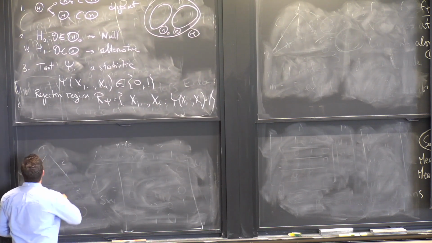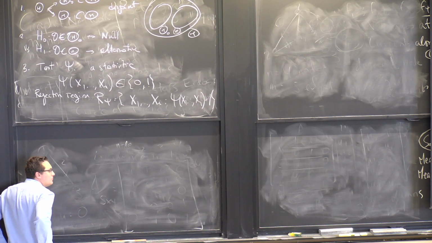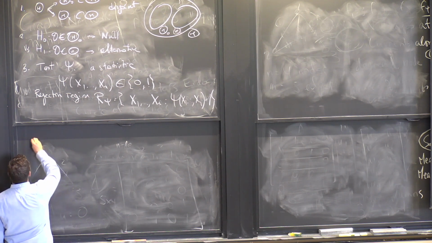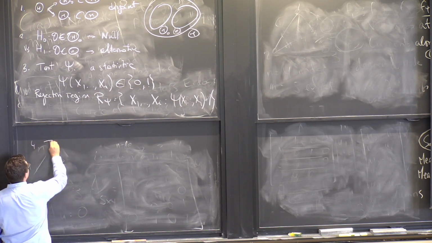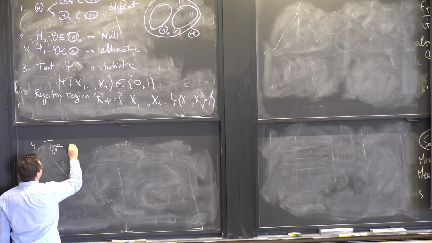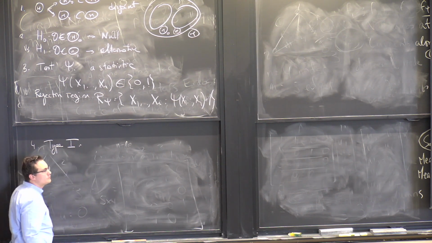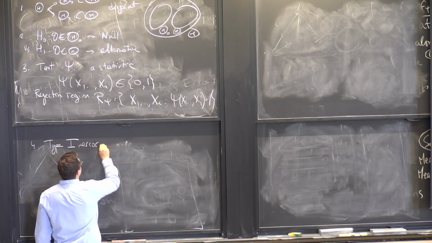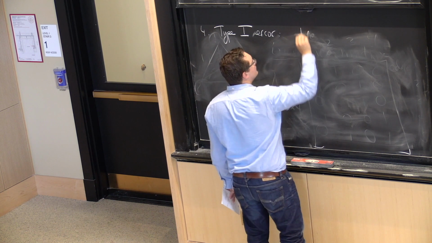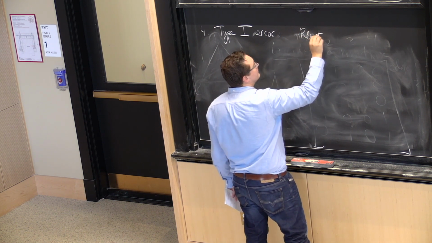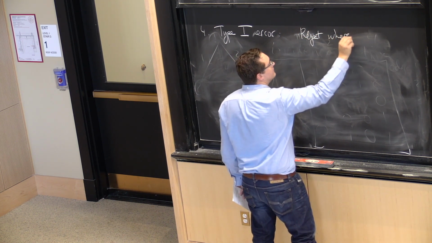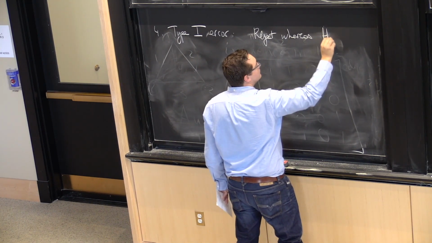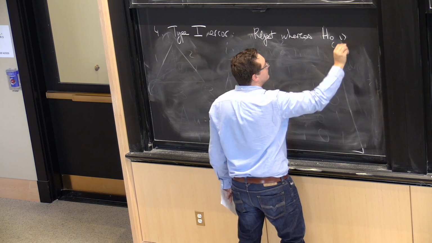Then the things that were slightly more important and specific to tests were the type 1 and type 2 errors. The type 1 error is when you reject whereas H0 is correct.